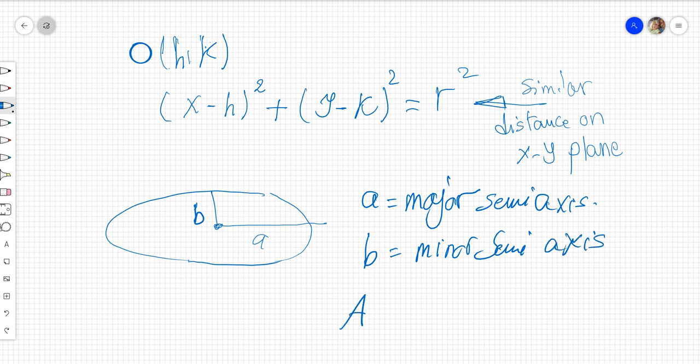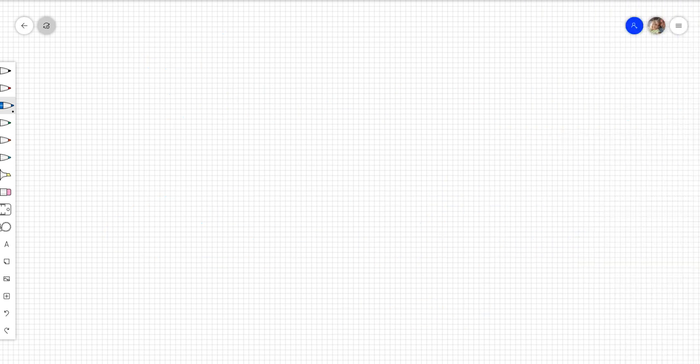So the area of an ellipse is equal to pi AB. Remember that the area of a circle is pi r squared, or pi r times r, where the radius is the same, but here it is pi A and B. So it's almost the same, but because the ellipse has two different axes, or let's call them radii, that's why it is pi AB.